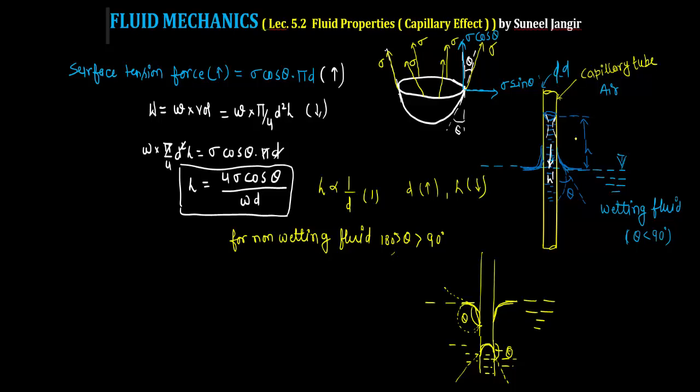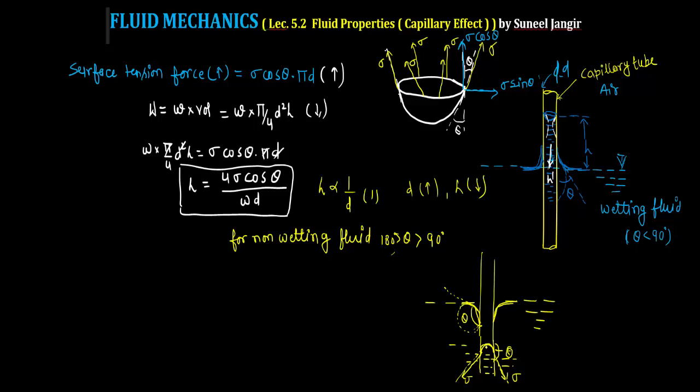In the case of wetting fluid, the weight of the fluid was balancing the surface tension force. But in this case, the surface tension acts in the downward direction along the tangent. In the previous case this was along here, in this case it acts along here, meaning this surface tension force is trying to decrease the level of the fluid. So which force counteracts it? The buoyant force will counteract it, as there is a displacement of fluid in this capillary tube.